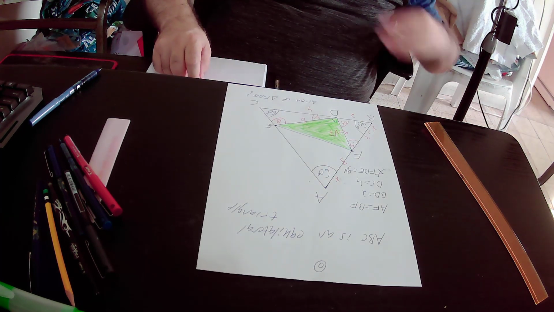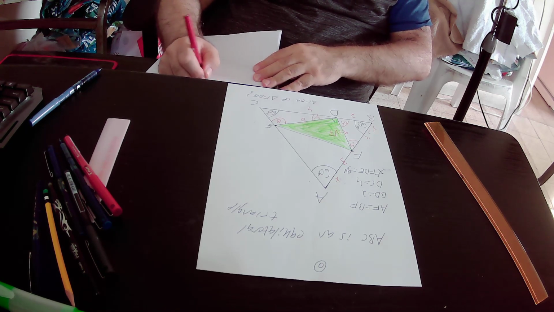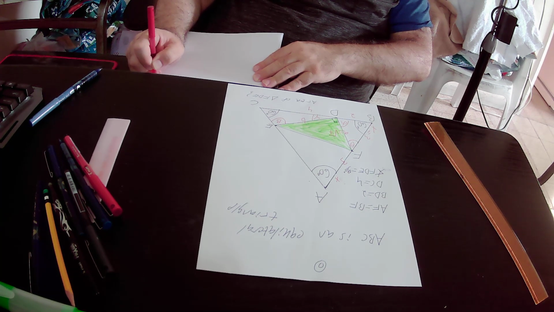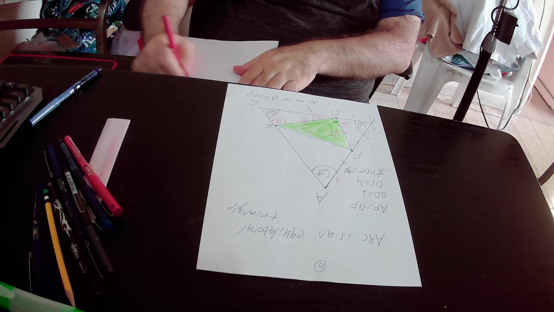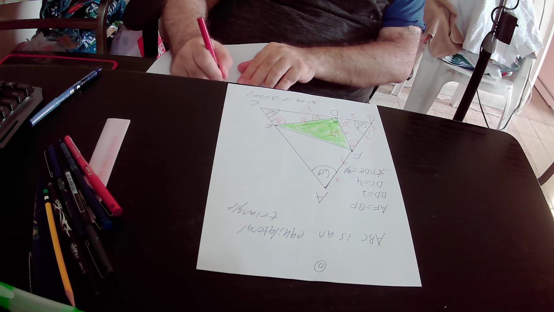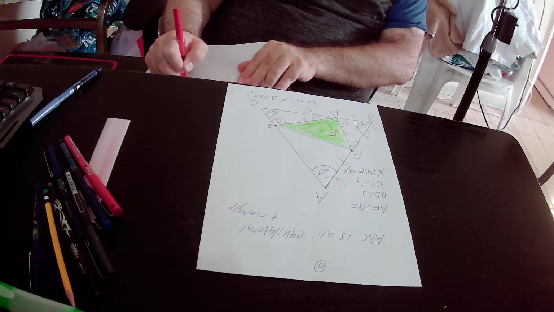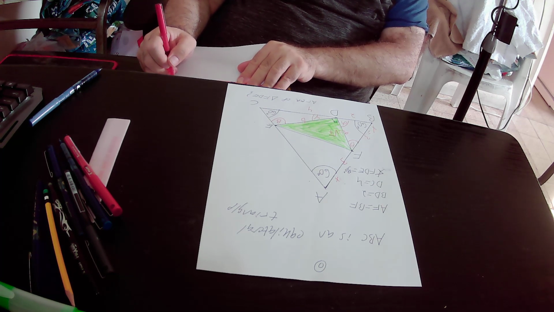What is the law of sines? The law of sines states that in any triangle, it is true for any triangle, we have the following relationship between the sides of a triangle and its angles.